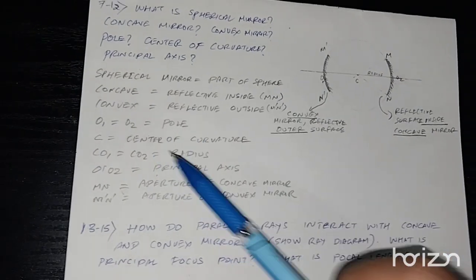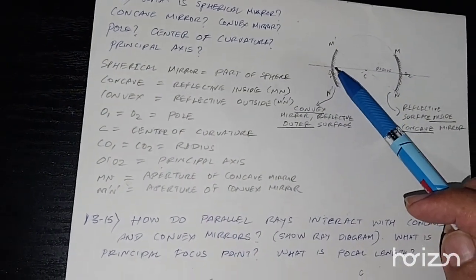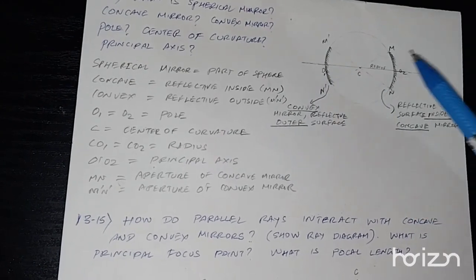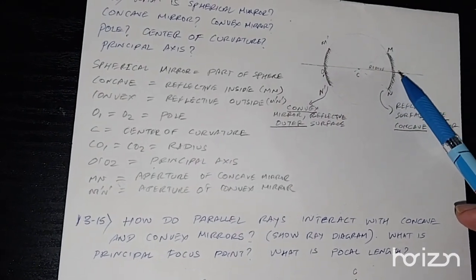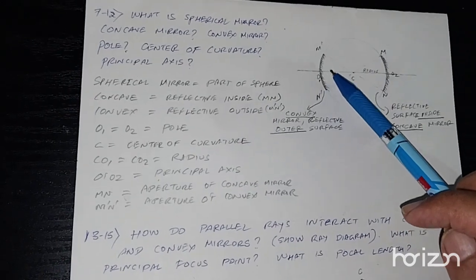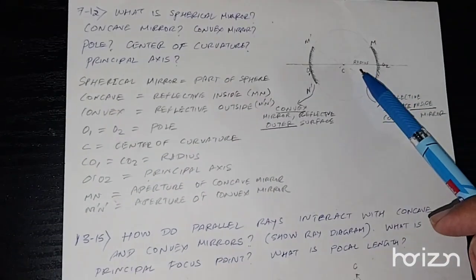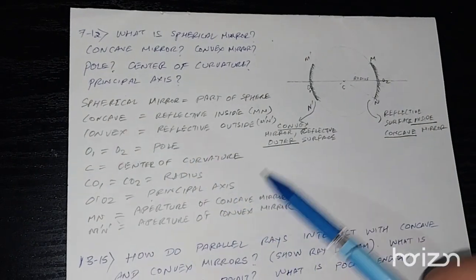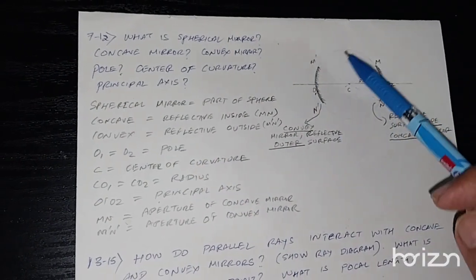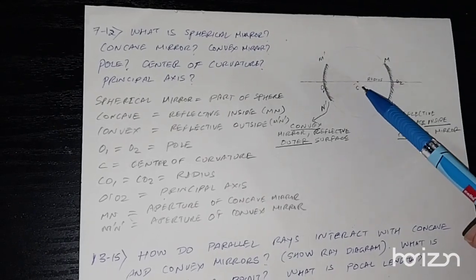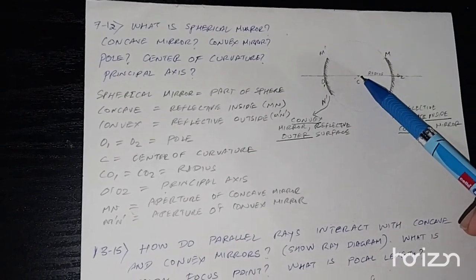Okay, and you can see there is a point right at the center of this mirror, whether it is the convex mirror or the concave mirror. In case of concave, O2, and in case of convex, O1, these points are what is known as the pole of the mirror. Okay, and since this mirror is nothing but a part of an imaginary sphere, that sphere will have a center, right?